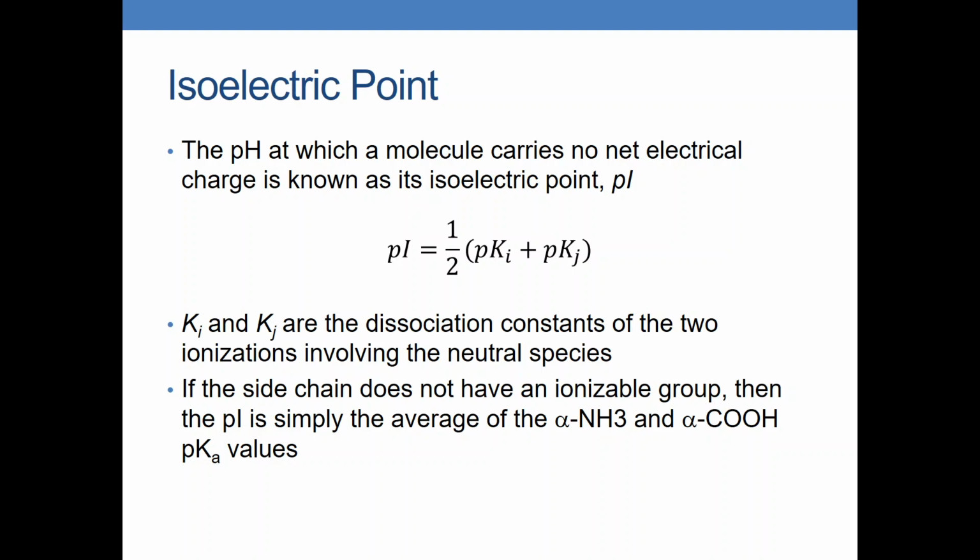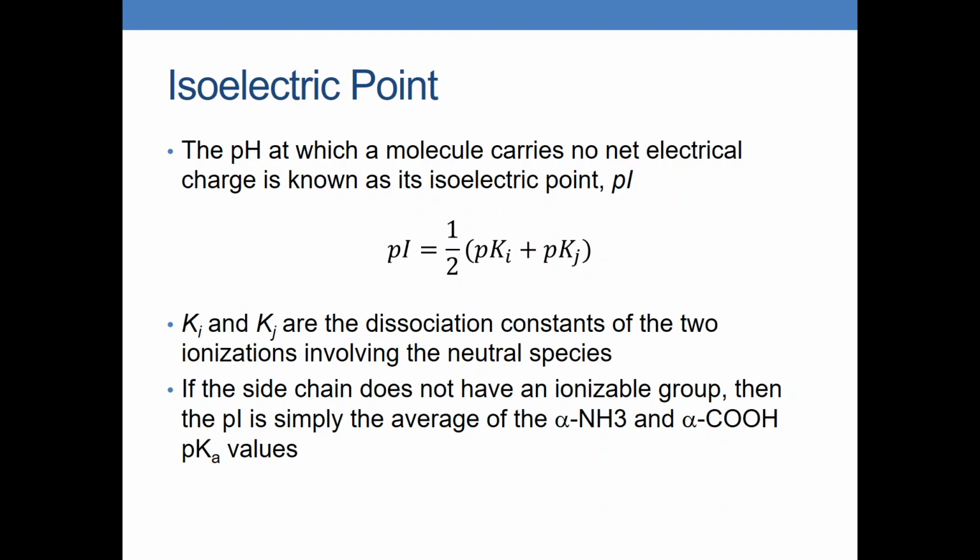So this is the pH at which you are going to lead to maximum formation of the neutral species, the species that has a 0 net charge. And quantitatively, this is simply the average of 2 pKa values. That's all it is.